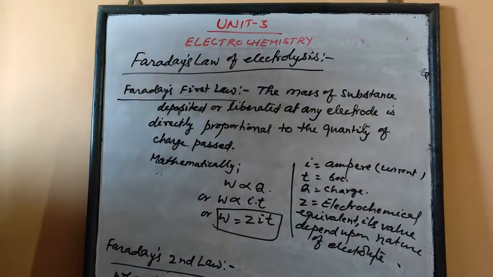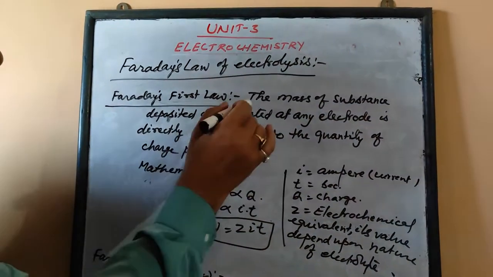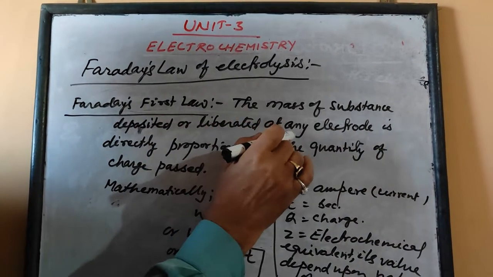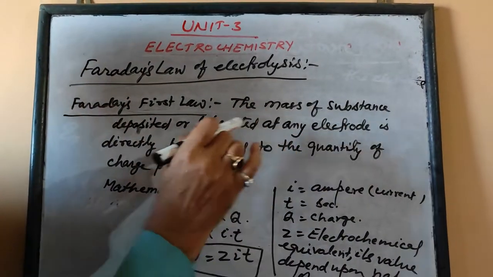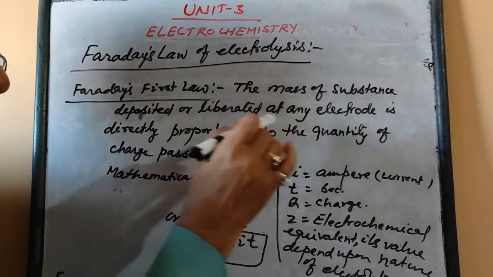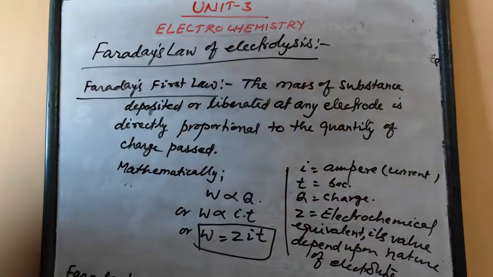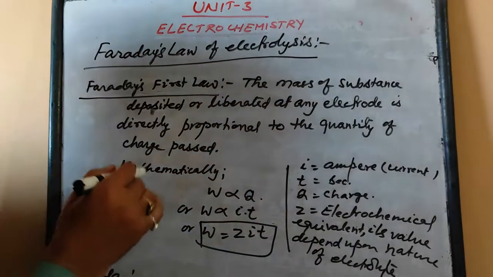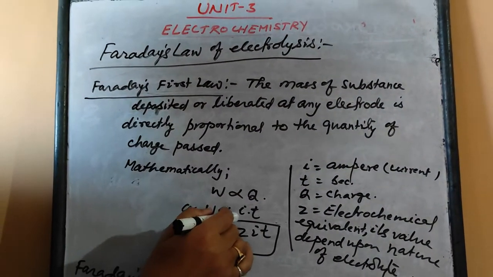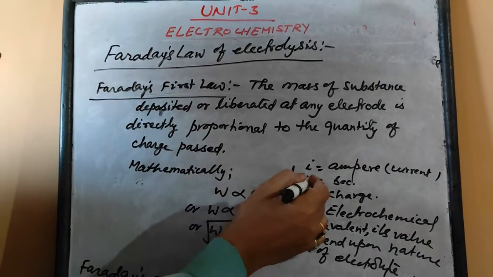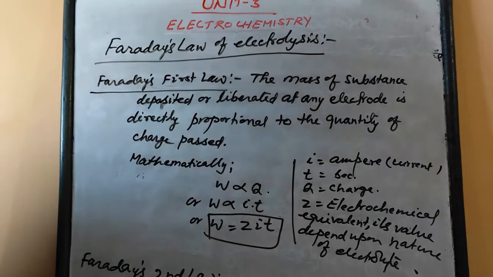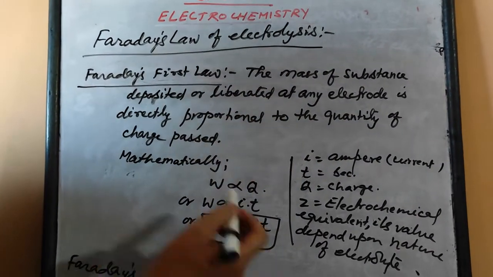Faraday's first law: the mass of a substance deposited or liberated at any electrode is directly proportional to the quantity of charge passed through the electrolyte. Mathematically, W is proportional to Q, or W is proportional to It, where I is current in ampere and t is time in seconds, or W = Zit.